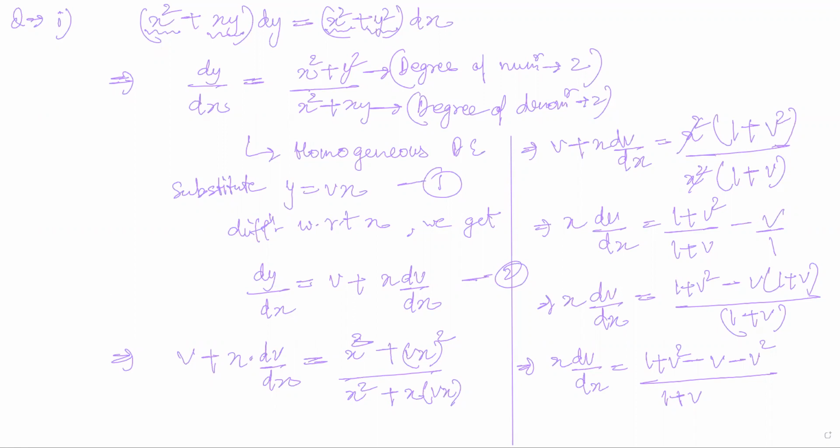Okay. So this v square will get cancelled out with v square. This is x into dv by dx. X into dv by dx is equals to 1 minus v divided by 1 plus v. Right? Now this can be separated out with dv.